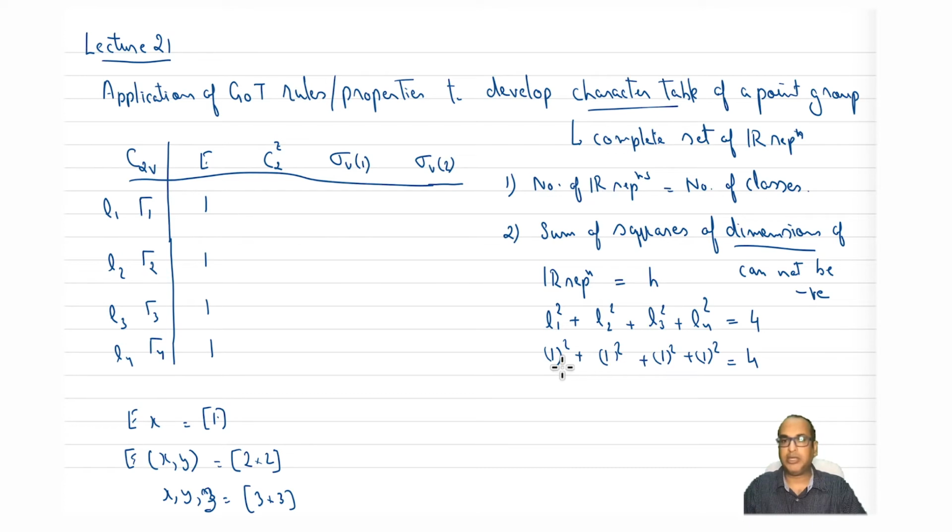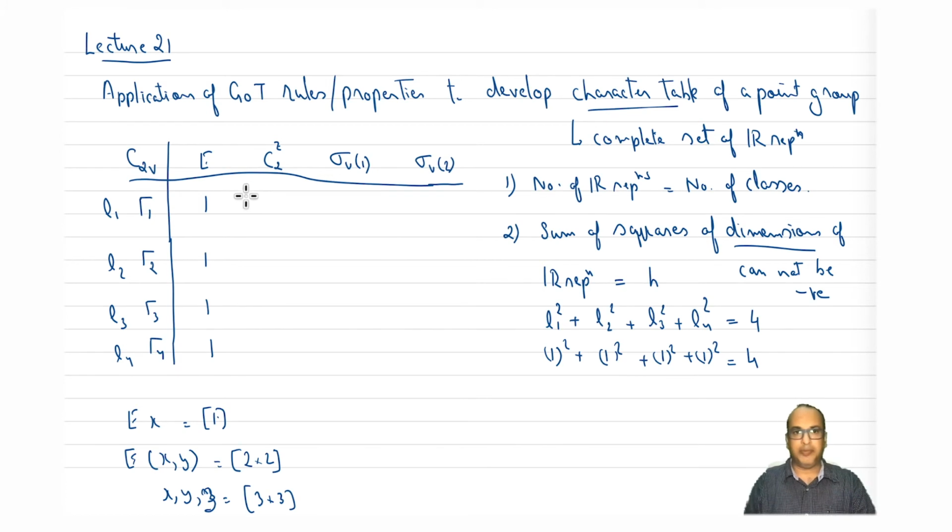The only solution is 1, 1, 1, 1, because we cannot take negative values as these are dimensions. And as we know the dimensions are nothing but the trace of the matrix under E, we can safely write 1, 1, 1, 1 here. You can write it as a matrix or as a trace. Because it is a one-dimensional representation, it does not matter whether you write it as a trace or a matrix, but in this case we are actually determining only the trace.